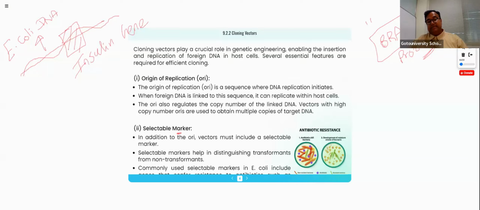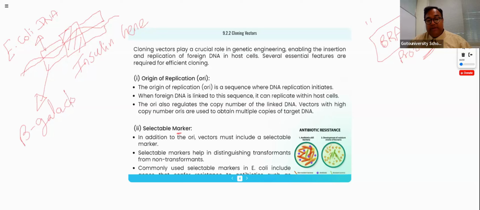What happens exactly? Let us consider that the E. coli DNA has one more gene, the gene that makes one enzyme called beta galactosidase enzyme.